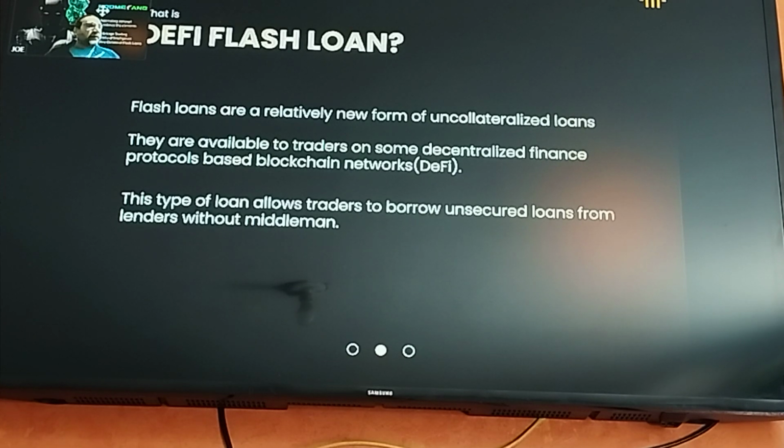When you go and get a loan from the bank, you put up your house, you put up your car, you put up your expensive jewellery. And if at any time you're not able to make payments, you miss 2, 3 payments, they come a-knocking because they want payment. But a DeFi flash loan is a loan that you can gain directly from the liquidity provider.